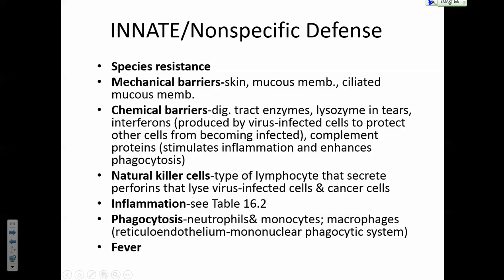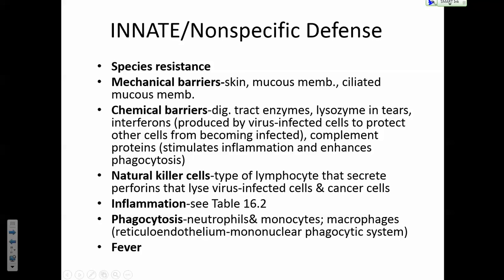But somehow we are just programmed so that those larvae can't make their way to maturity in us. And so we have species resistance against heartworms. I imagine there are diseases we have that dogs don't get. There are plant diseases that we don't get, and vice versa. That's just because we have species resistance. So that's one of your non-specific defenses.